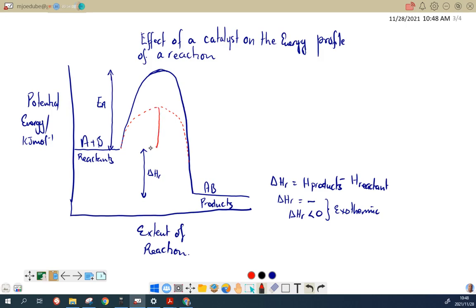So this here, the difference between its activated complex and the energy content of the reactant, is going to become smaller. So this is the energy profile of the catalyzed reaction.